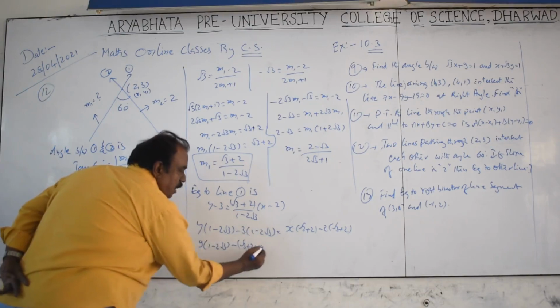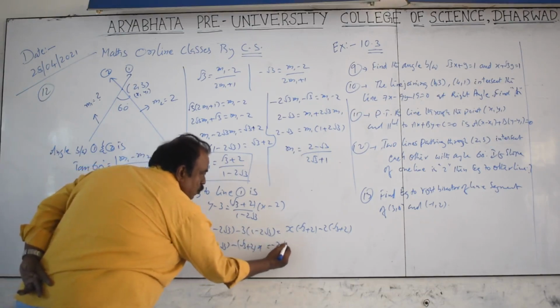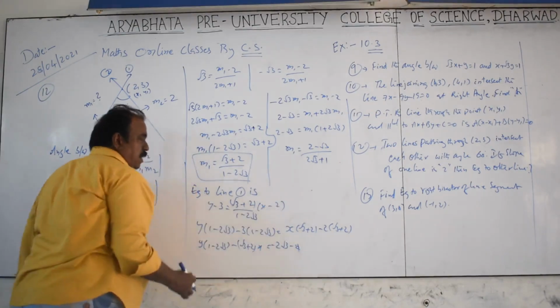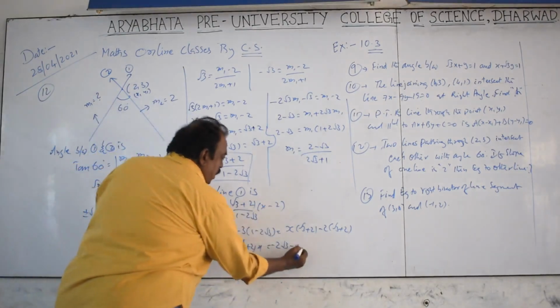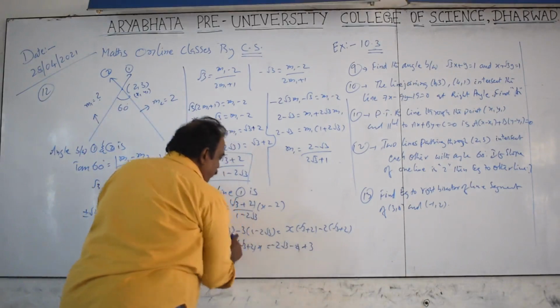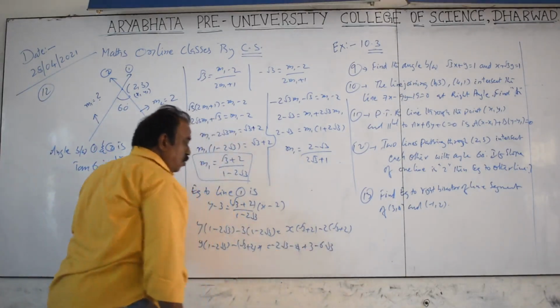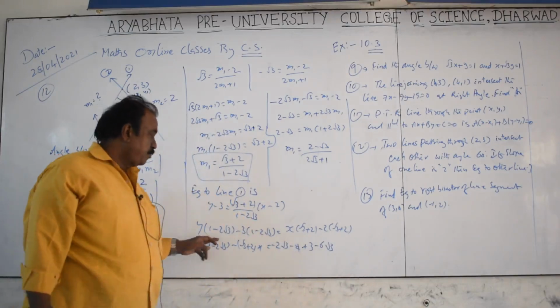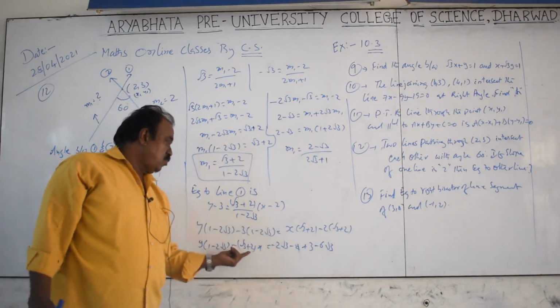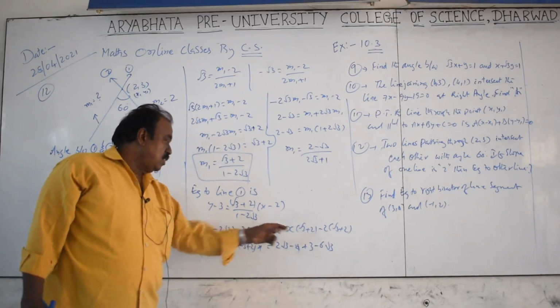I am sending this to this side. It is minus 2 root 3 minus 4 multiplication. It is going to the side. It is 3 plus 3 minus 6 root 3. Don't confuse. Here I am sending x to this side, and it is going to that side.